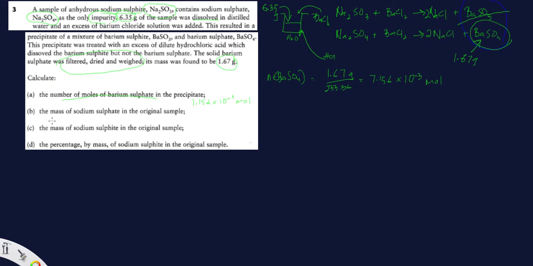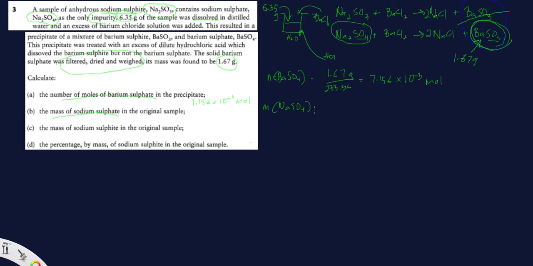Now the second part is they wanted to know the mass of sodium sulfate in the original sample. It's worth taking note that 1 barium sulfate comes from 1 sodium sulfate; in other words, there's only 1 sulfate here. So the mass of sodium sulfate, how do we get that?